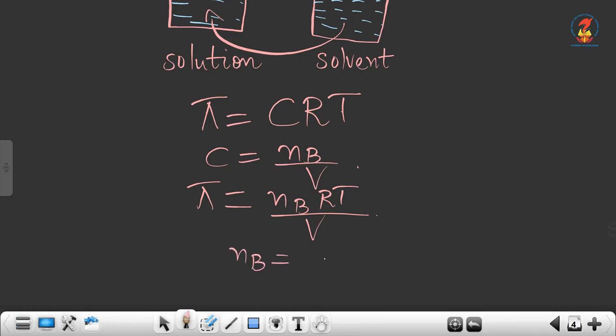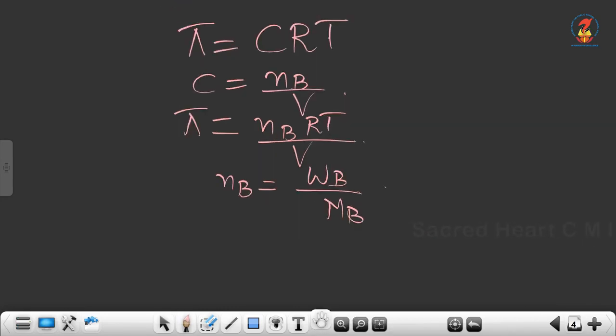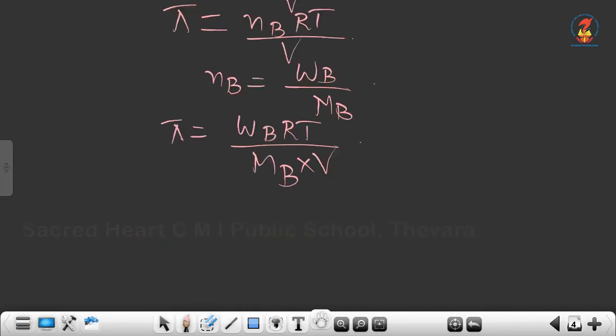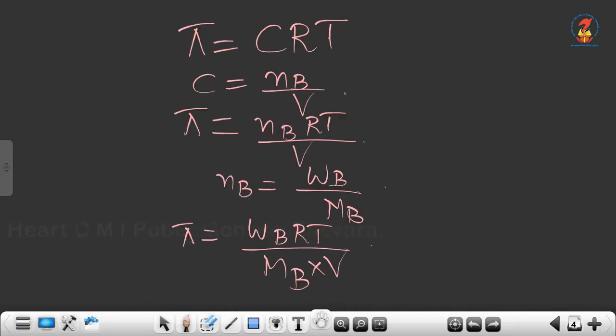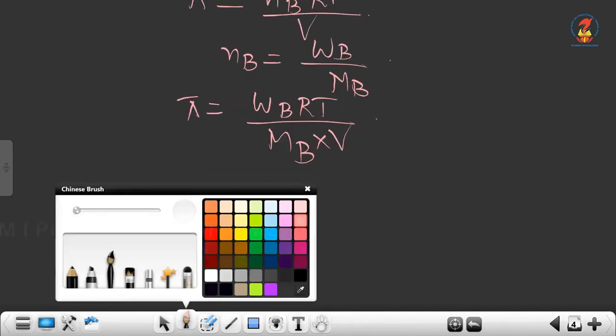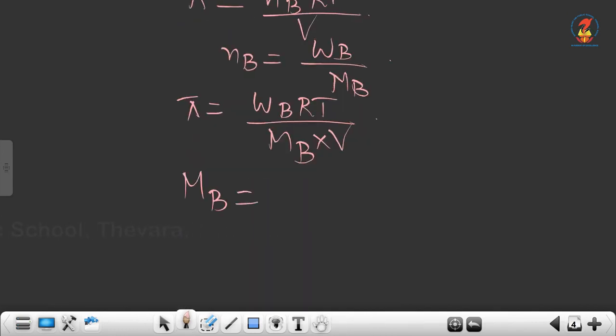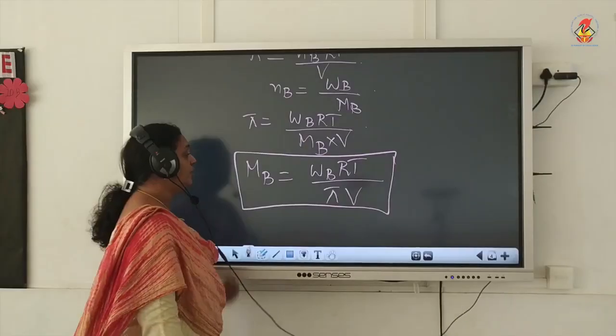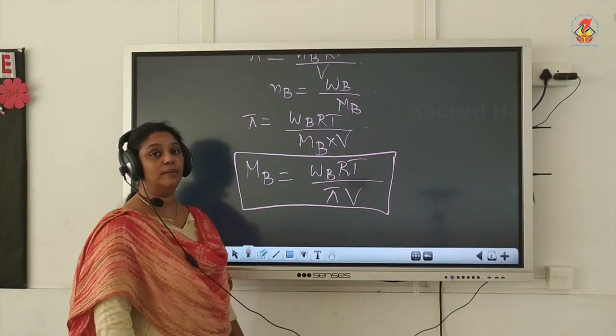Next, I am going to substitute for NB. We know that NB is equal to given mass by molar mass. So pi is equal to WBRT by MB into V. From this, MB is equal to WBRT divided by pi into V. So this is the expression to find the molecular mass of a solute from osmotic pressure.